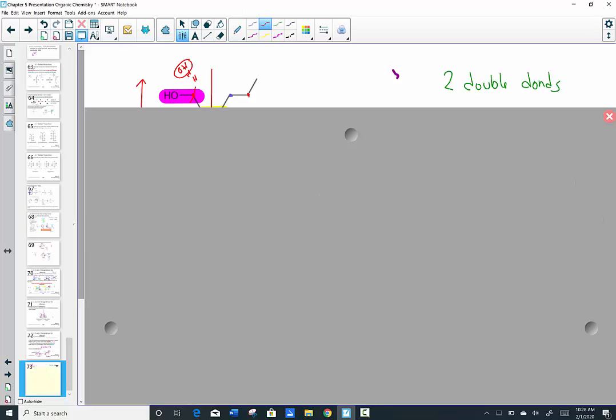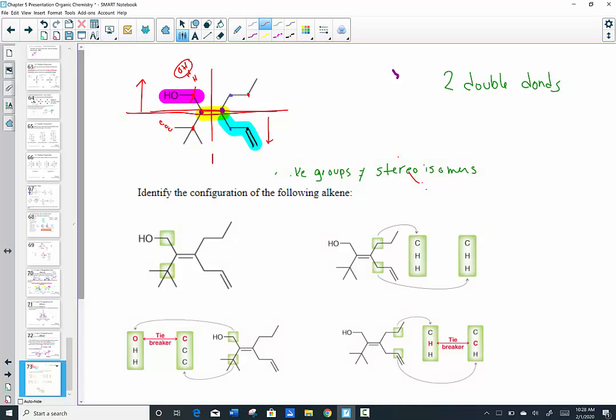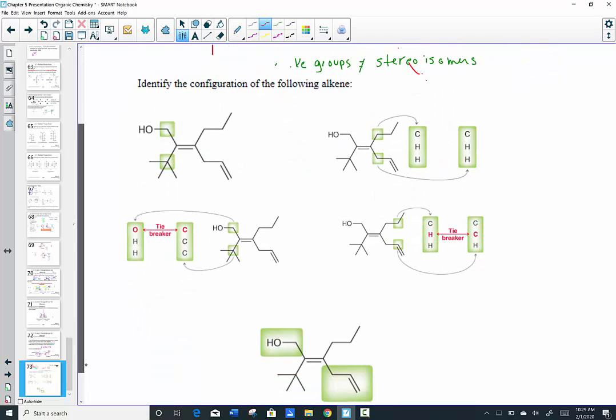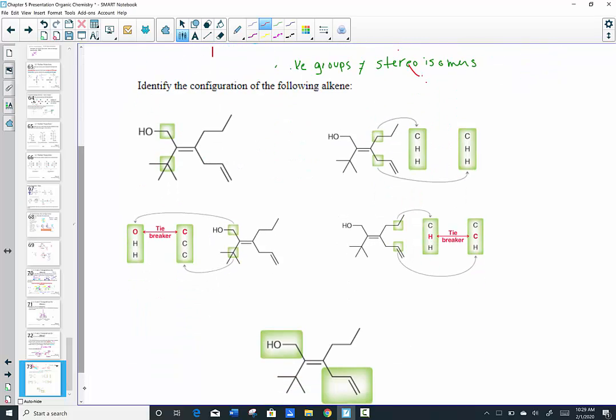So that's opposite sides. An opposite would get the vowel, right? The E configuration. So as we examined those, we found the opposite sides giving it an E configuration.